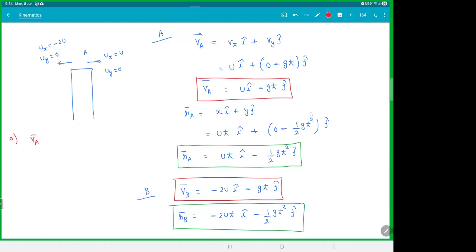First question, VA bar dot VB bar is 0. So u i cap minus 2u i cap gives minus 2u square, plus g square t square. So we get t is equal to root 2 u by g. This is the answer. This is the time when the velocities become perpendicular.